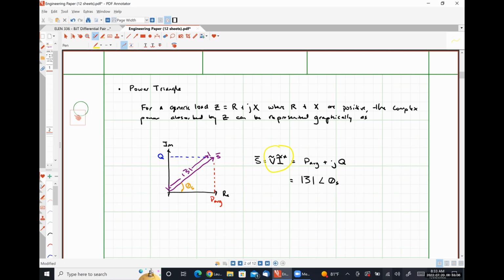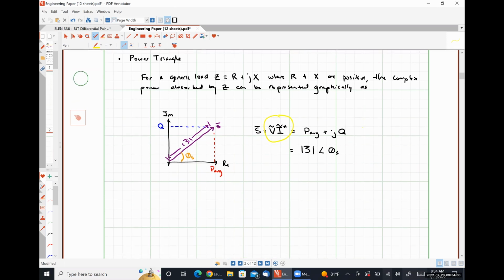Everything is buried inside this simple relationship and this simple picture, okay? The value of theta S tells us a lot about what type of load we have.